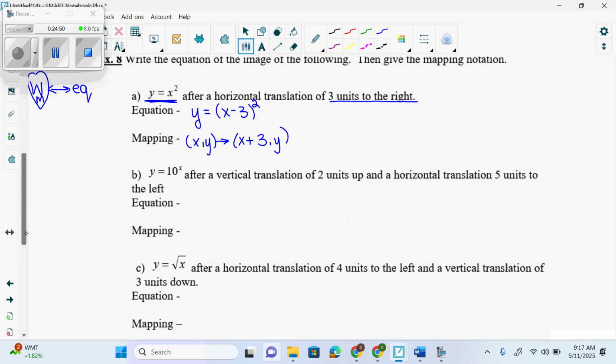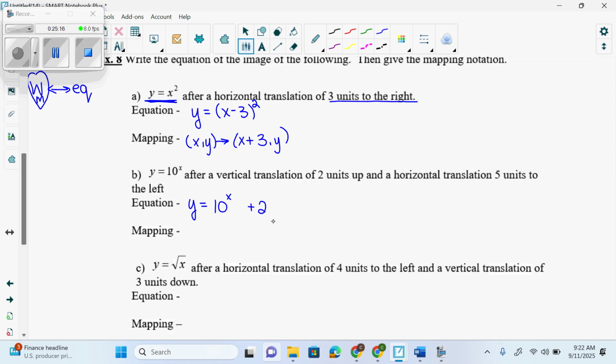B, C. Okay, so for this one, it says y equals 10 to the x, which is an exponential function, which we'll be doing this year as well. After a vertical translation 2 units up, horizontal translation 5 units left. So if we're going from words to equation, our x's are going to flip. So we're going to get y equals 10 to the x plus 5, plus 2 back here because it's not with the x.